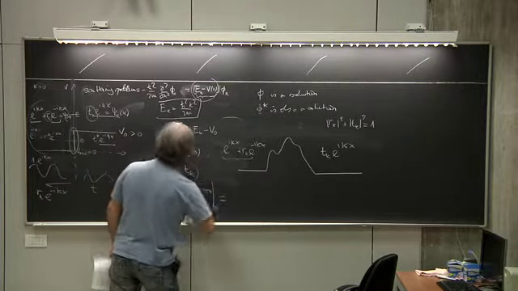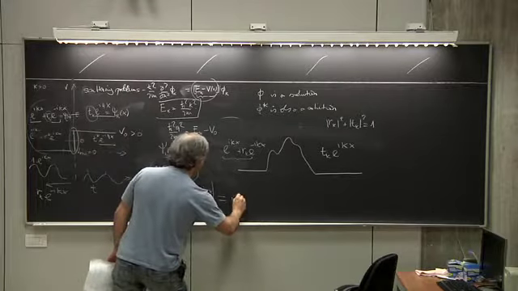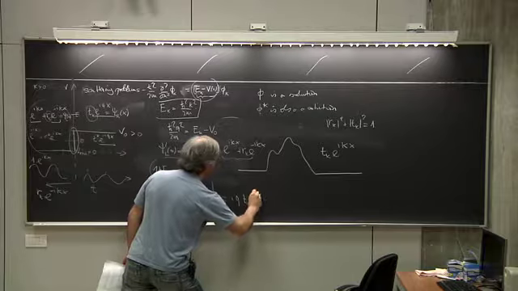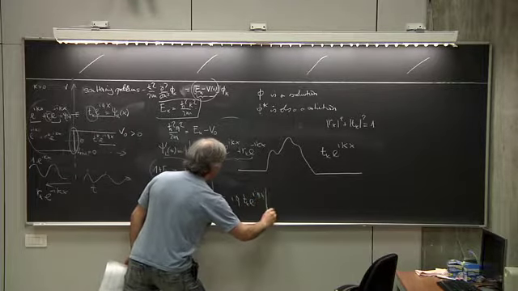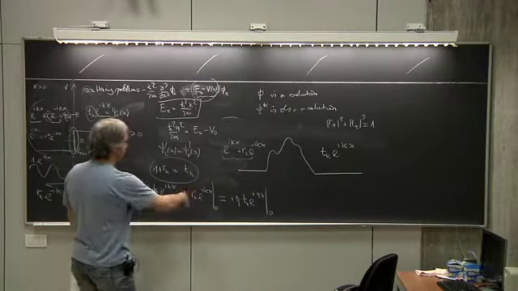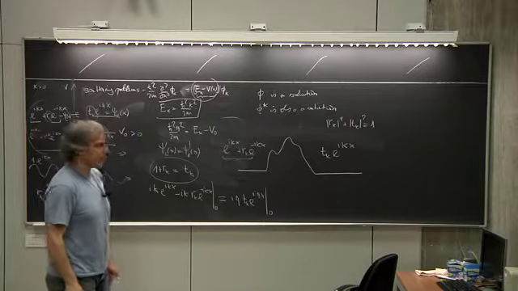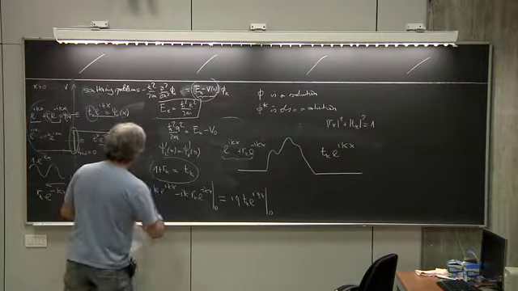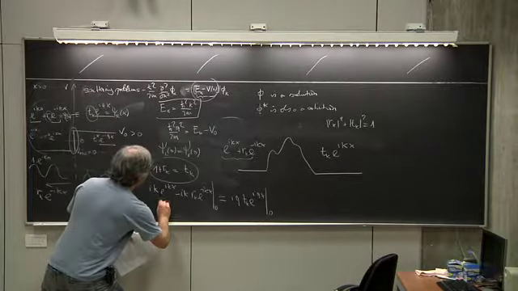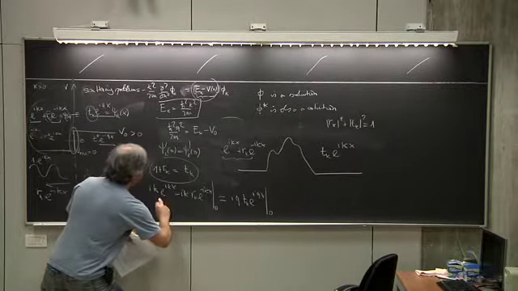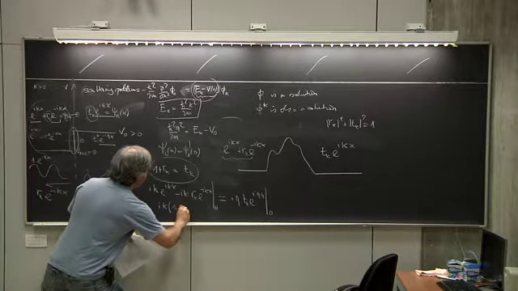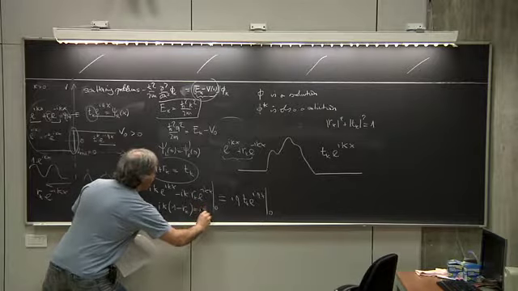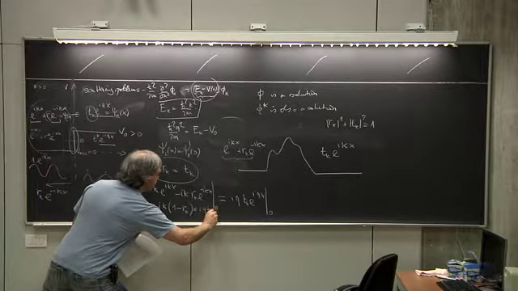And this should match iq times Tk e to the iqx evaluated at 0. So you can drop all the exponentials, because evaluated at 0 they give you 1, and write the equation ik multiplied by 1 minus rk equal to iq tk.